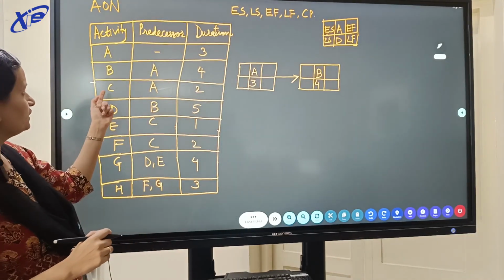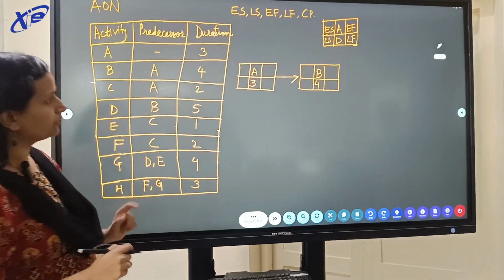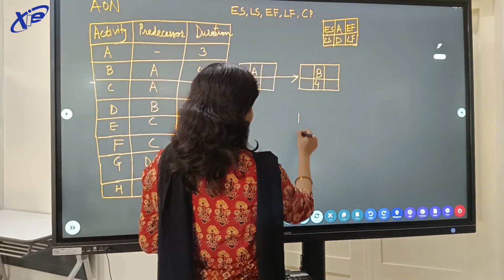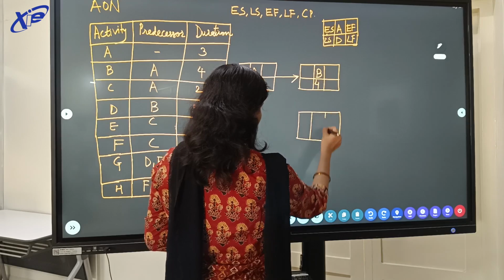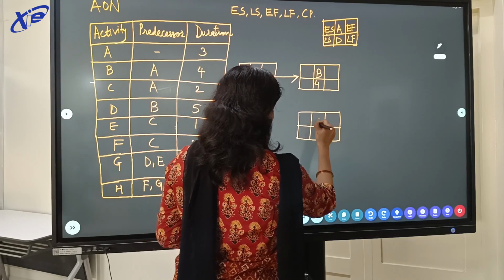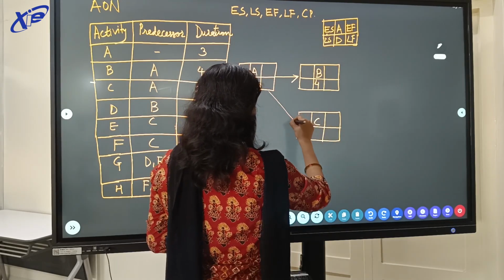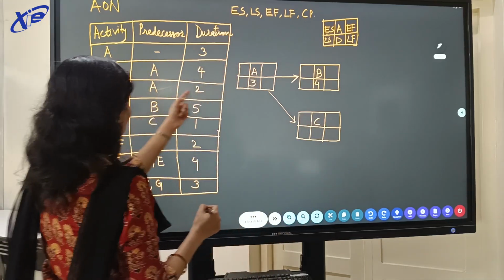Now we want to draw activity C such that A has been completed. So we draw activity C such that A has been completed, with a duration of 2.